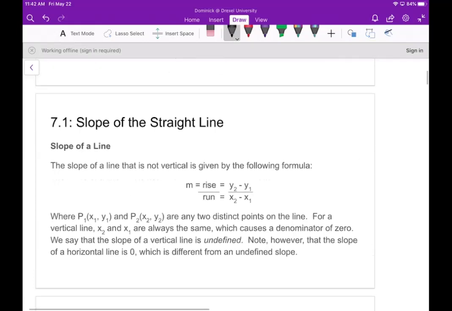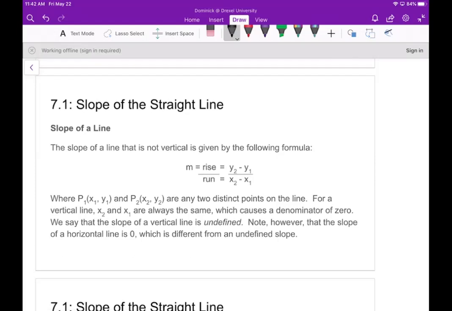And that's, of course, going to lead us to the formula where if you're given 2 points, x1, y1, and x2, y2, then you can find the slope between those points by finding y2 minus y1 over x2 minus x1.